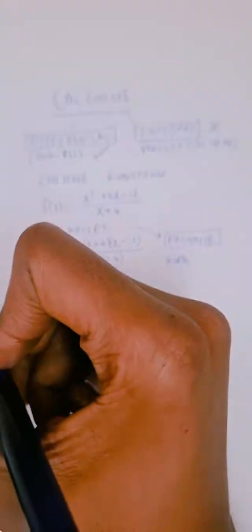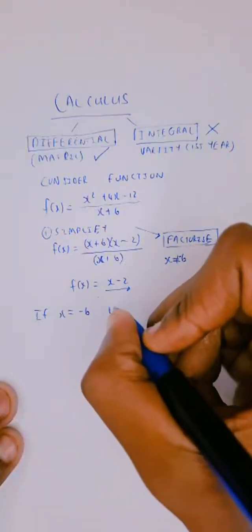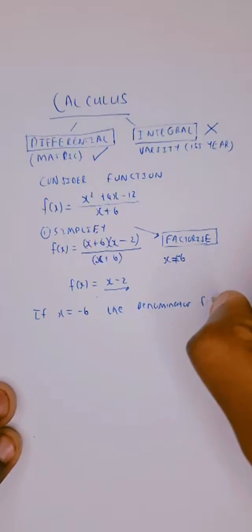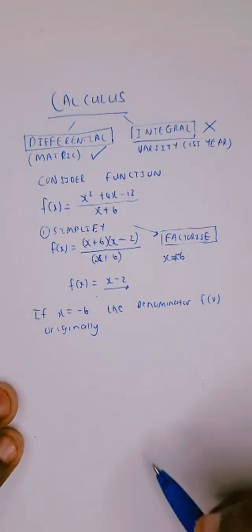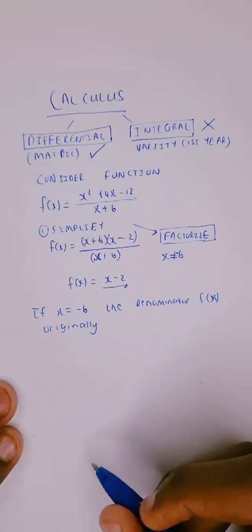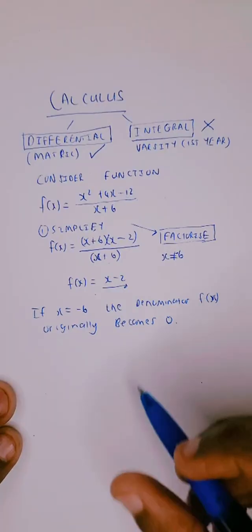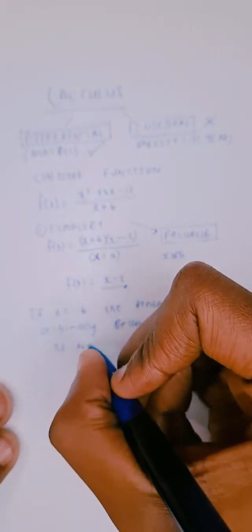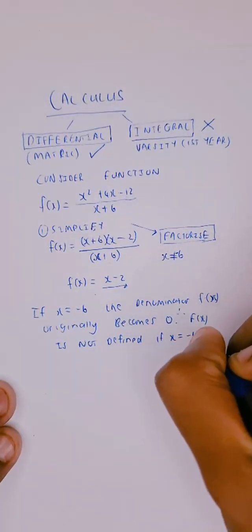Okay, right? So something that we can say is that if x is equal to negative 6, we know that the denominator of the original function, the denominator of f of x originally, becomes 0, and therefore f of x is not defined if x is equal to negative 6.